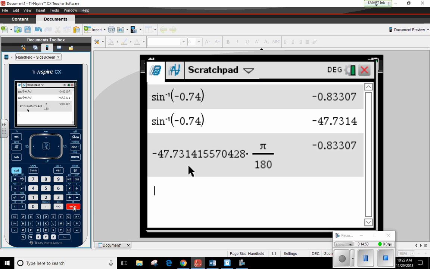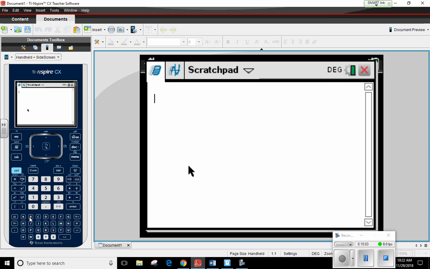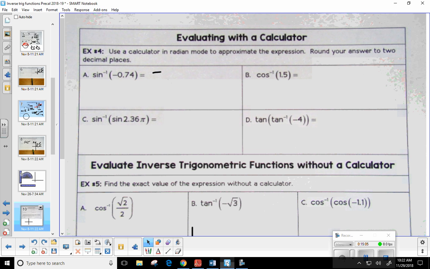So that's the only thing you have to be very careful of. You have to know what mode your calculator is in. Okay, personally, I like to keep it in degrees and then just change it if I need to. Okay. All right, good. Well, can anybody tell me the next answer without even doing anything? Cosine inverse of 1.5.